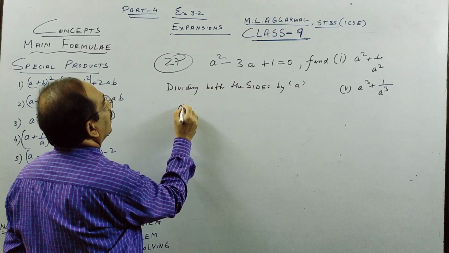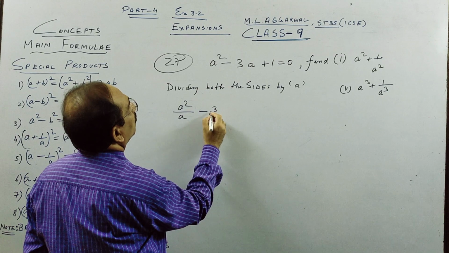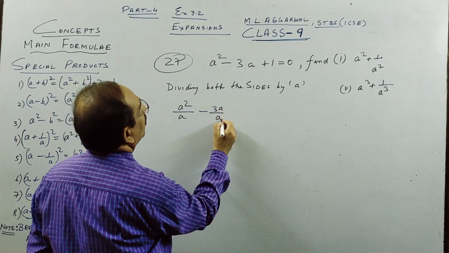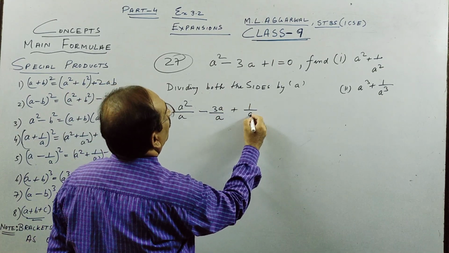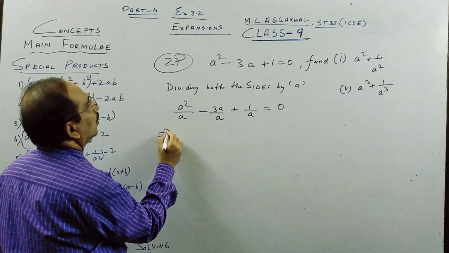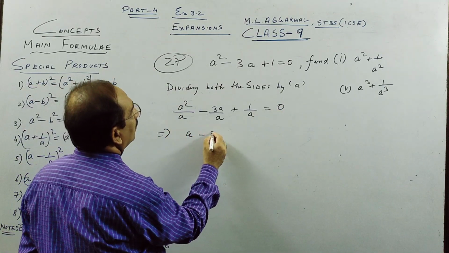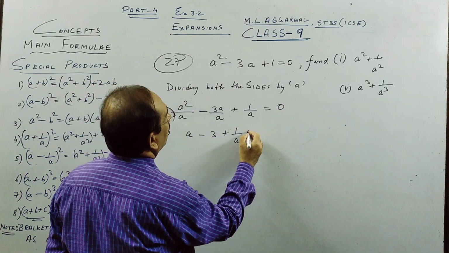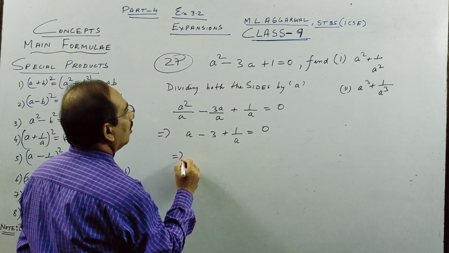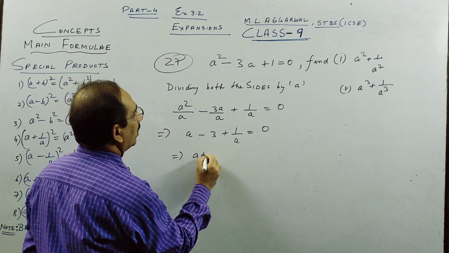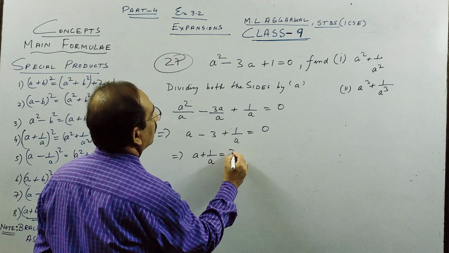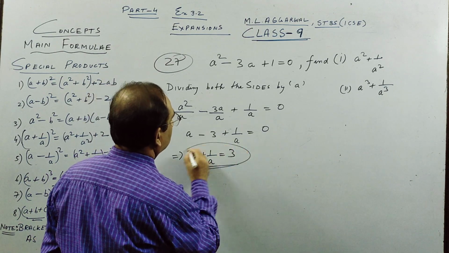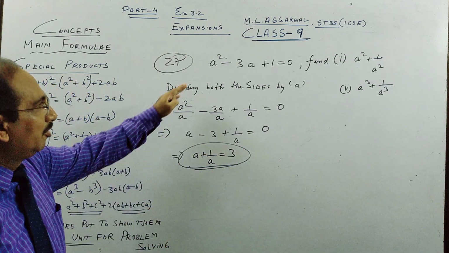See what we get, a square by a minus 3a by a plus 1 by a is 0. So we get a minus 3 plus 1 by a is equal to 0. When you rearrange, we get a plus 1 by a is equal to 3. So this is the first part.